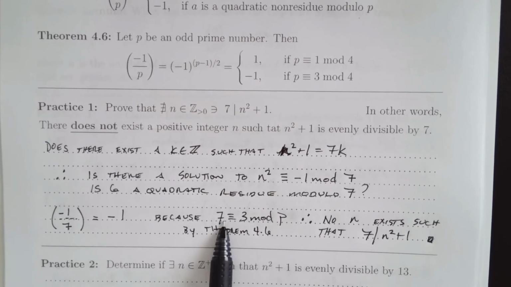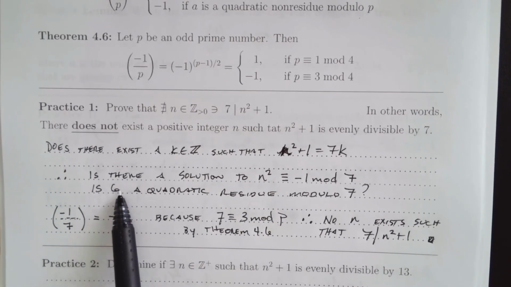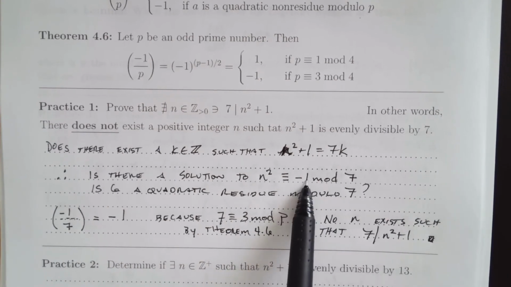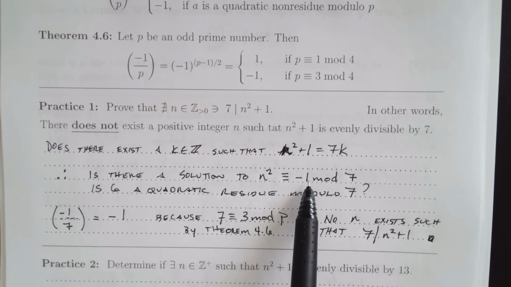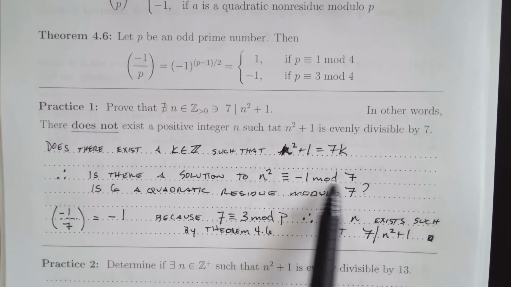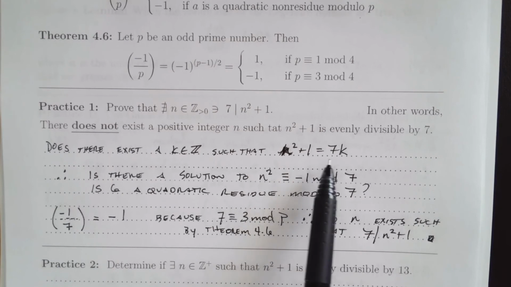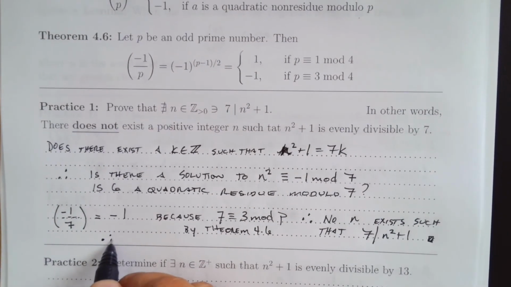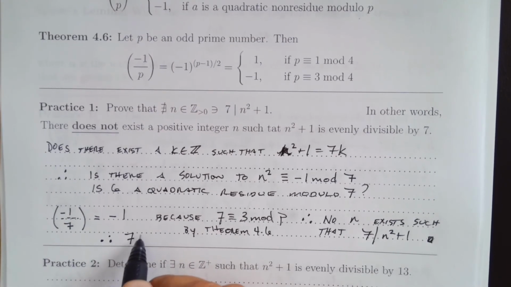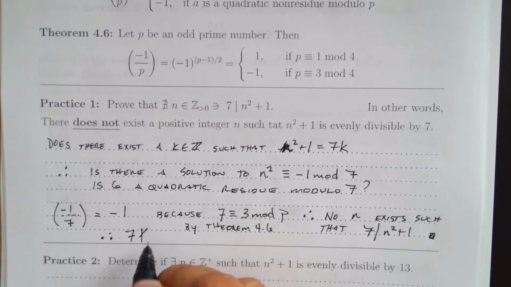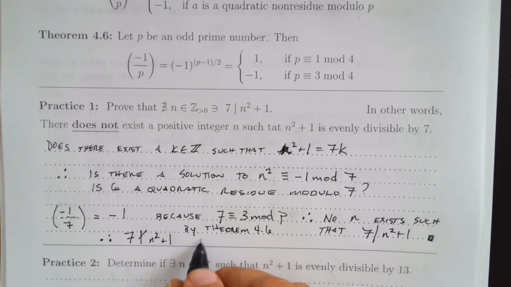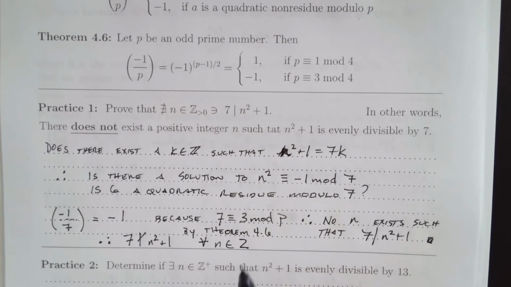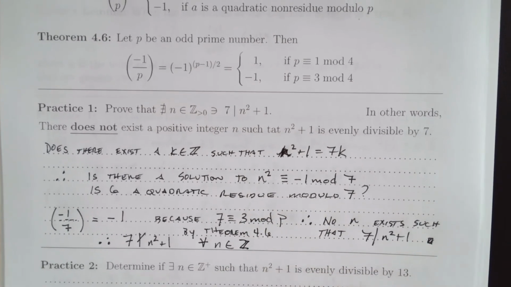What does that mean to us? That means that 6 would be a quadratic non-residue modulo 7, which means that -1 is a quadratic non-residue modulo 7, which means that n squared plus 1 cannot equal 7k. So therefore 7 does not divide n squared plus 1 for all n in the set of integers.